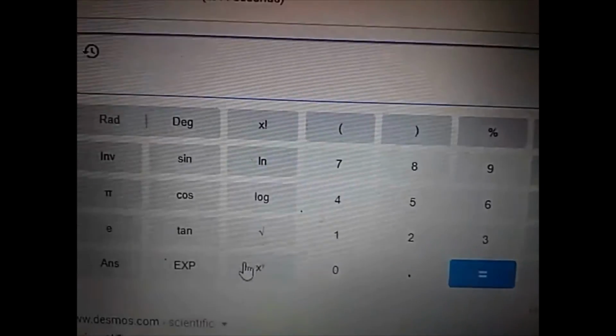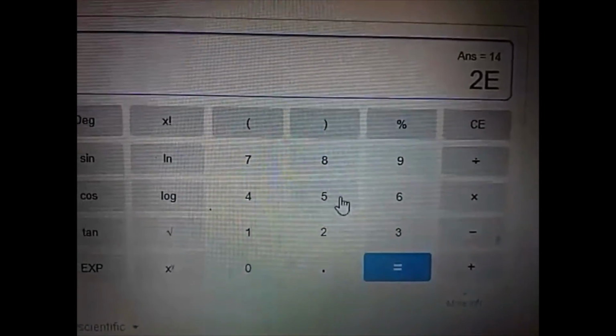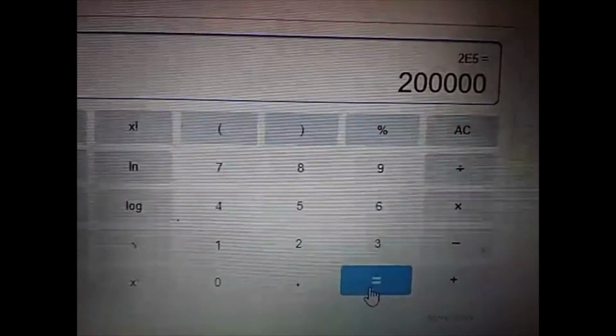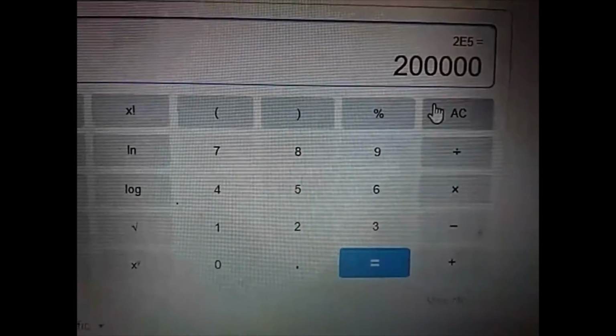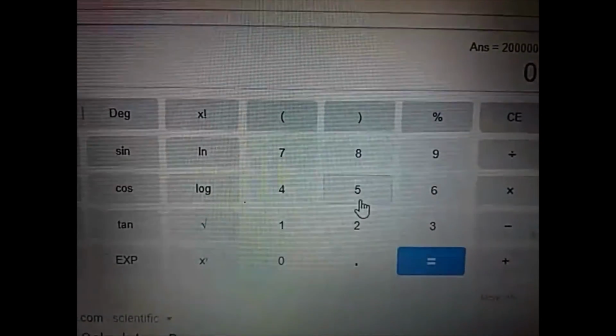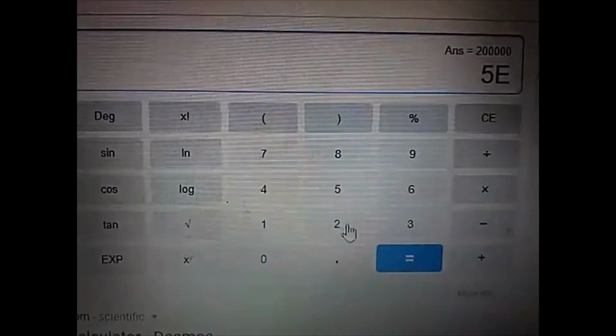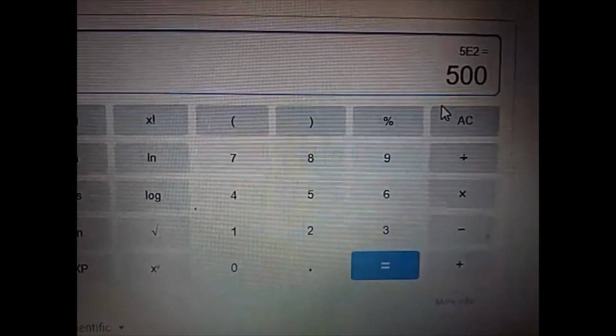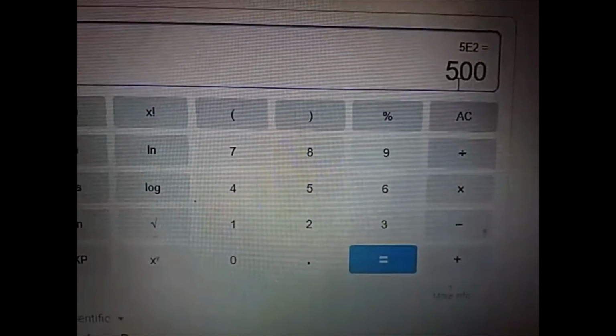If you took 2 with a capital E of 5, you get 200,000 because you just added 5 zeros to the right of 2. If you took 5 with the capital E of 2, you get just 500 because there were 2 zeros to the right of 5.